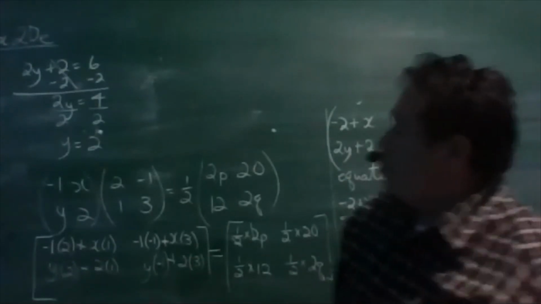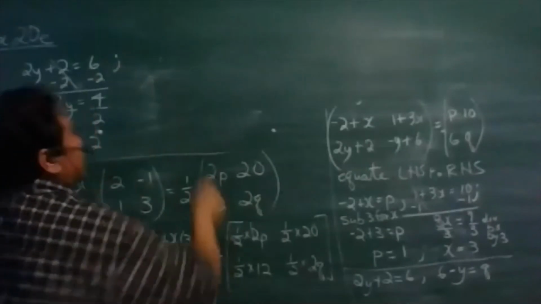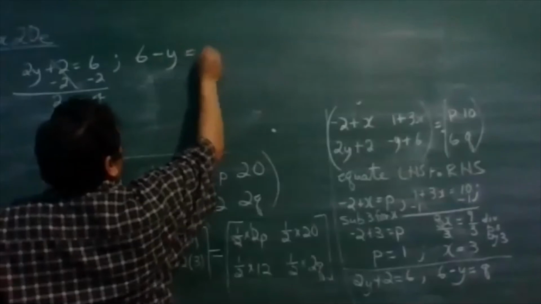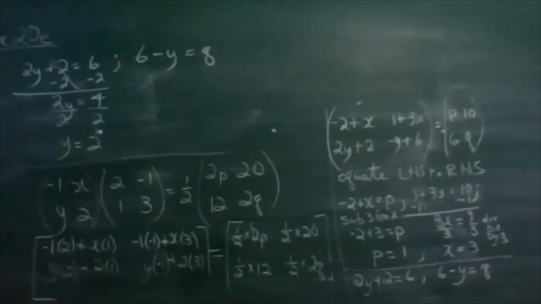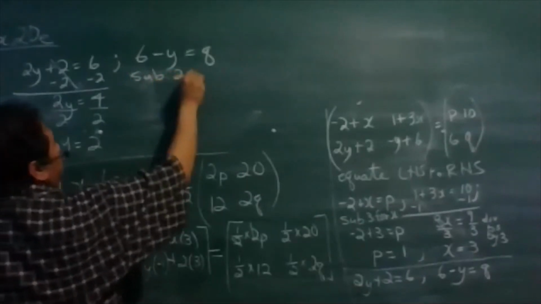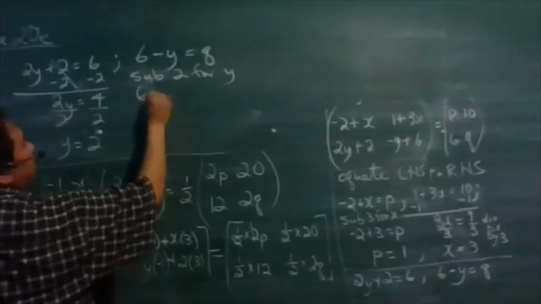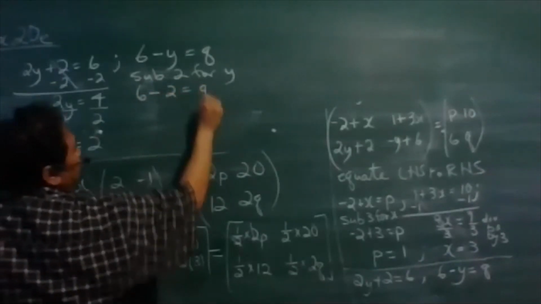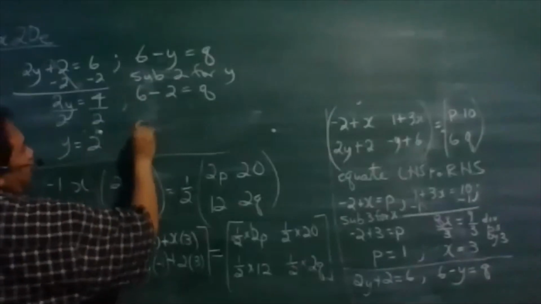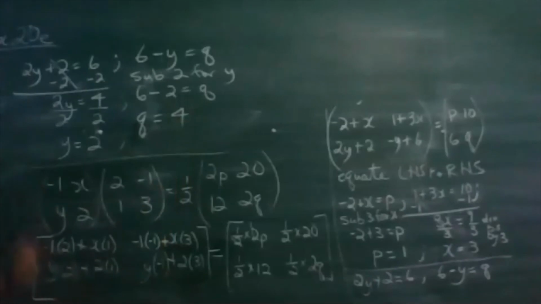Alright? Now, the final piece, it says 6 minus y equals q. And I will substitute 2 for y. So I have 6 minus 2 is q. That means that q is 4.